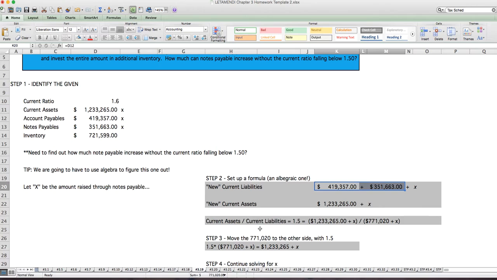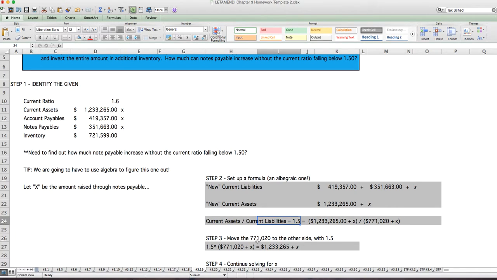The third step is to move the 771 to the other side with the 1.5, with the ratio. So we can ignore this part here and just keep it at 1.5 equals the rest of this.